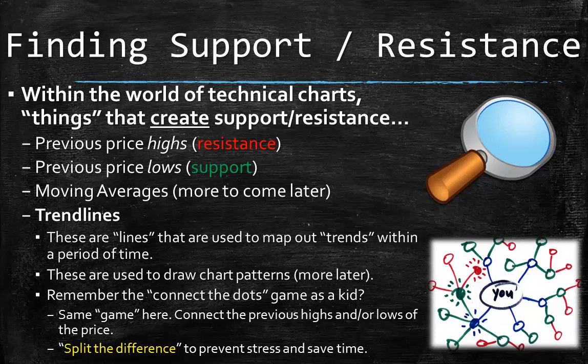But the things that create levels of support and resistance can be previous highs, so previous upper shadows of candlesticks, previous lows, in other words, previous areas of lower shadows of those candlesticks. So just let me draw up a quick candlestick here.